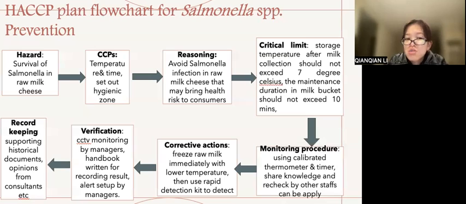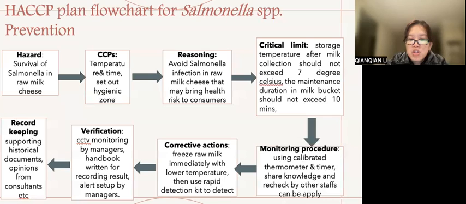Minus 20 degrees Celsius will be good. After that, we can use the rapid detection kit that we mentioned previously to detect whether there's Salmonella growth at this stage. And if there is, then we had better dump it and not sell it in the market.